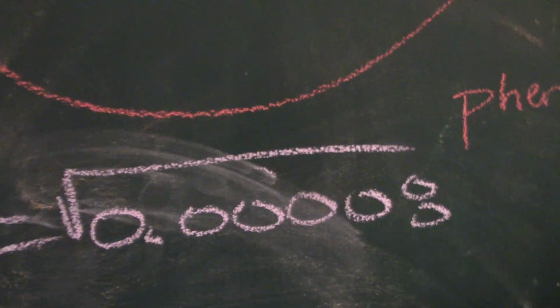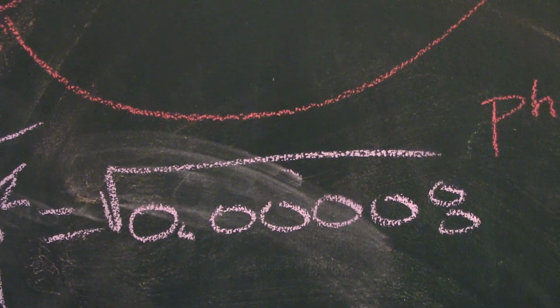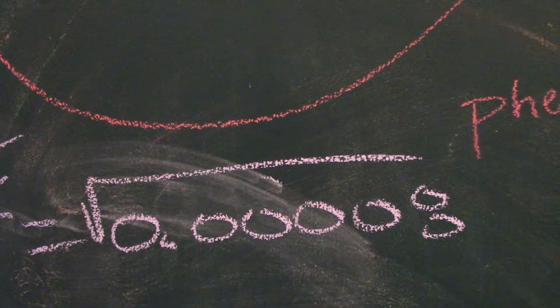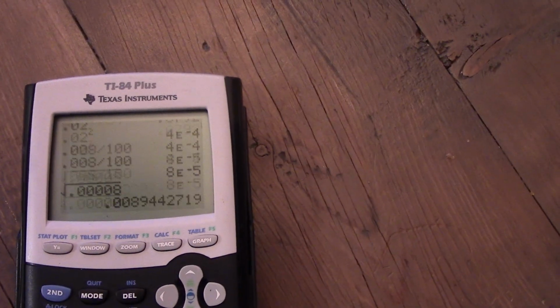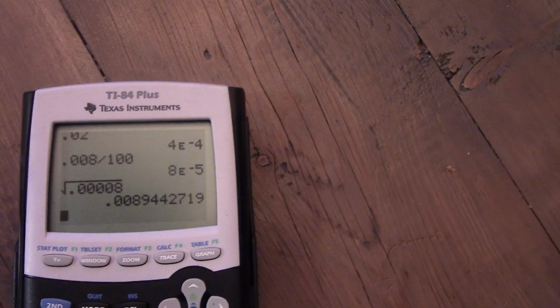These cancel out, and then the square root of 0.00008 is going to be, so the square root of 0.00 and it's about 0.009. Okay, so Q is 0.009.